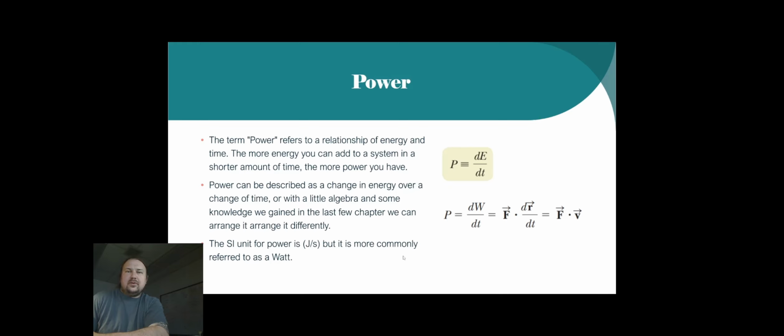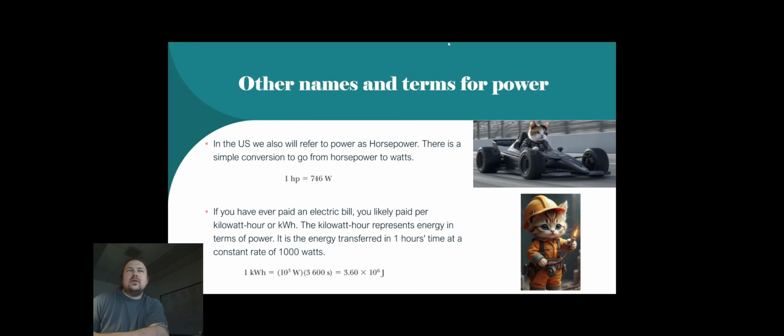The SI unit for power would be energy over time, so you would get joules per second. It's more commonly known as a watt. In the US, we don't refer to watts for most things.